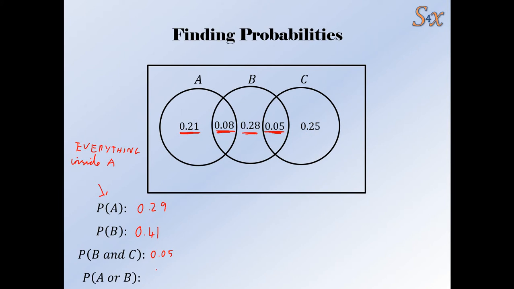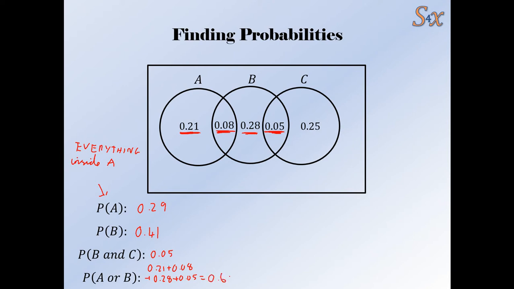So if we add all those up, we get 0.21 plus 0.08 plus 0.28 plus 0.05, which adds up to 0.62.